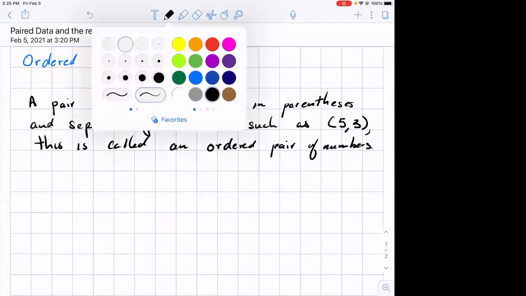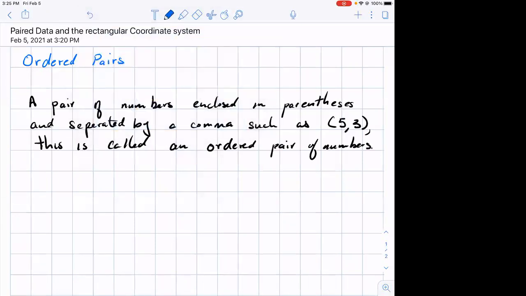So whenever we have an ordered pair, 5 comma 3, this value here is the x coordinate, and this value here is the y coordinate.